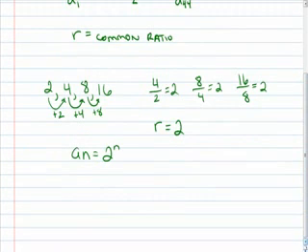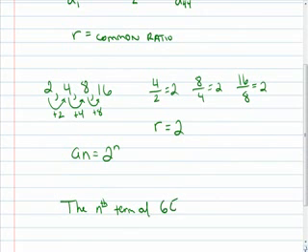In general, though, we got a formula to find the nth term of an arithmetic sequence, and we're going to get that for a geometric sequence as well. What does all that say?